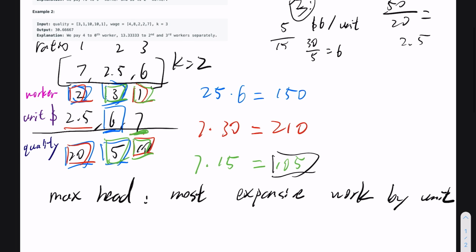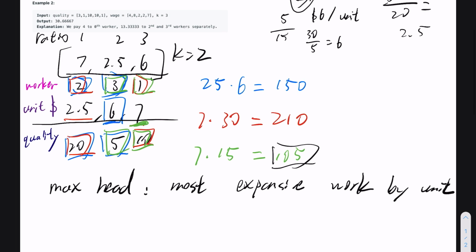And if the heap reaches a size of k, that means we have a cumulative k workers.